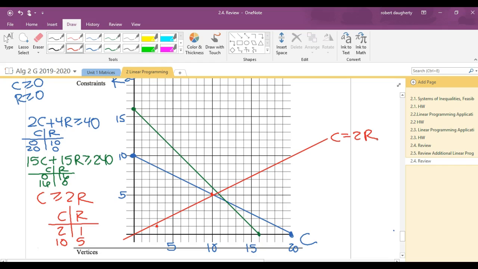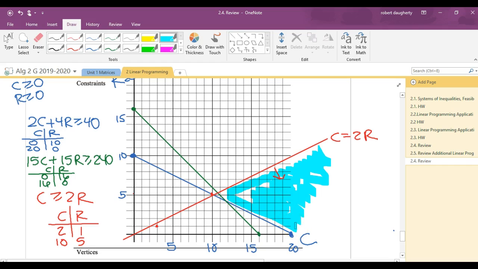Here, if I've got 5 raisins, I've got to get to 10 for my chocolate chips. I could be okay if I had more than that. So it tells me I'm shading below this line. I'm shading below the red line, and I'm shading above the green and the blue line. So I'll be shading this area right here, below this line, above both of these lines. That's going to be my feasible region.